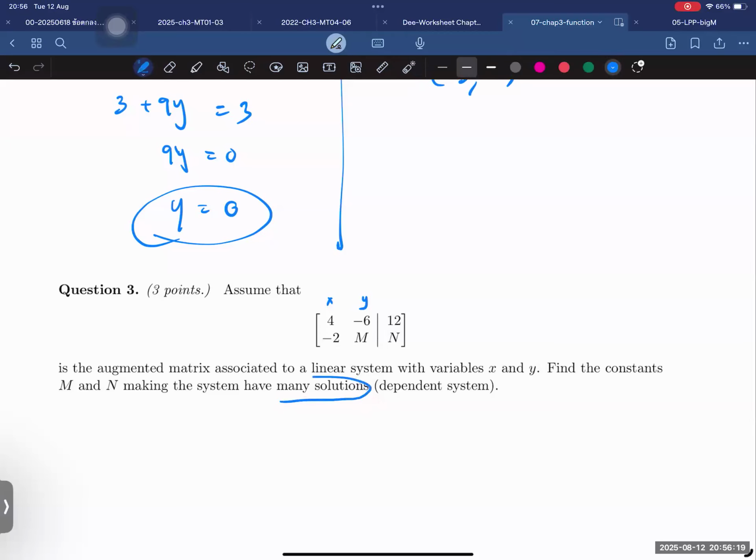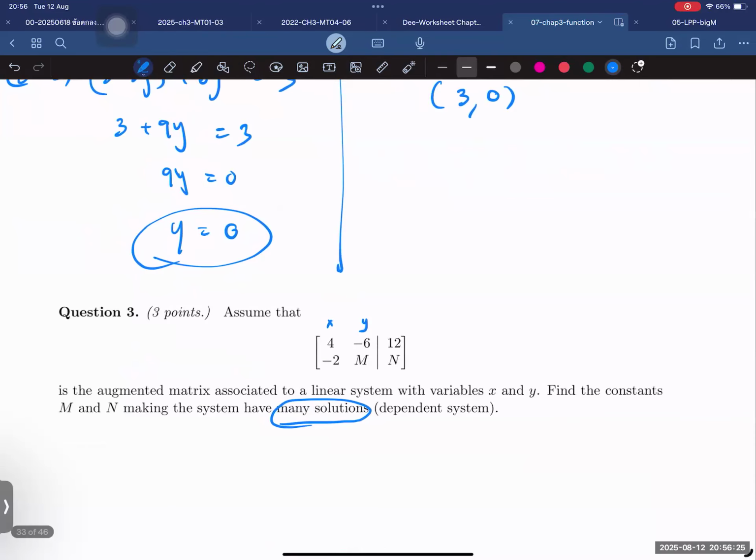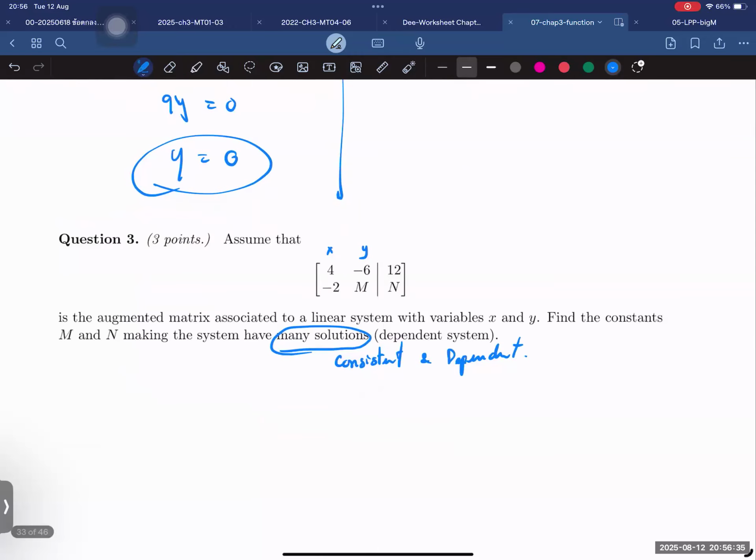Many solutions means consistent but dependent, right? This is consistent and dependent. All right. To solve this one for infinitely many solutions, okay, let's try to do the row operation.